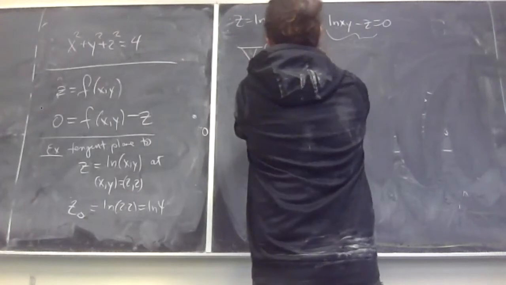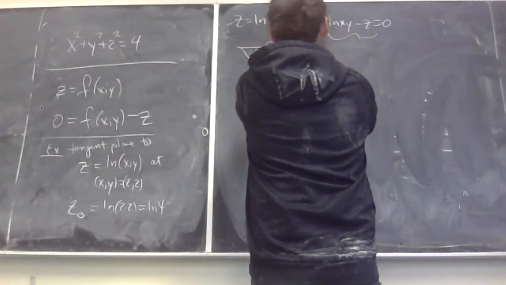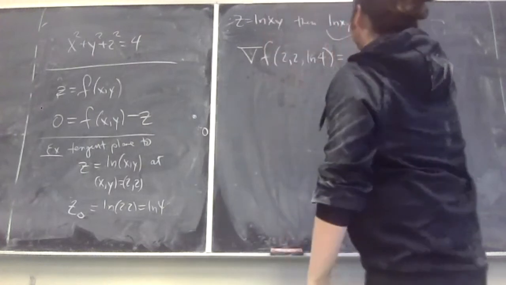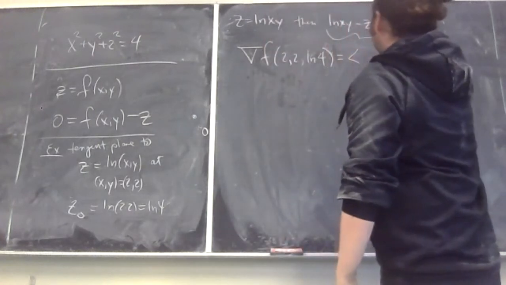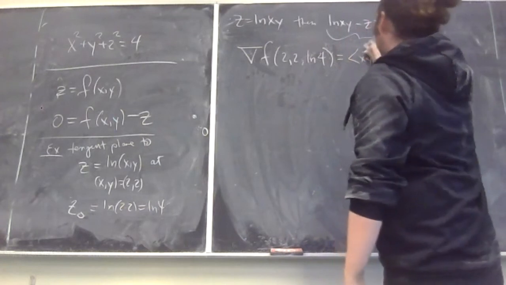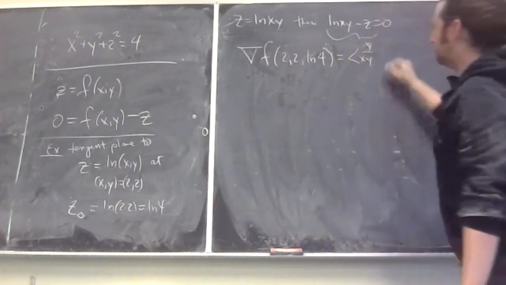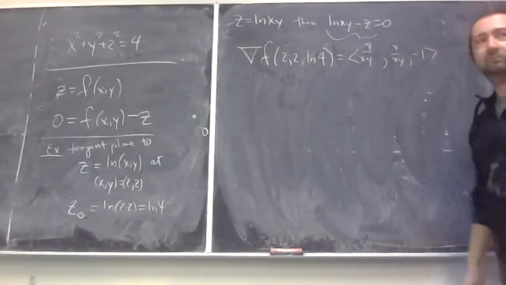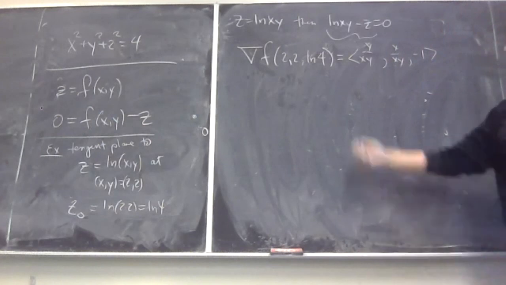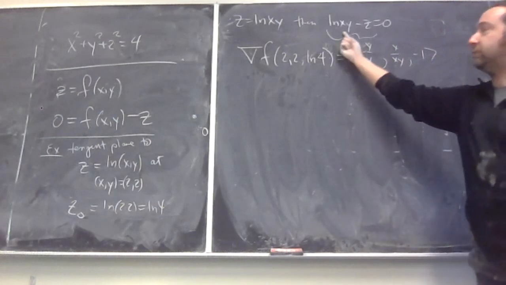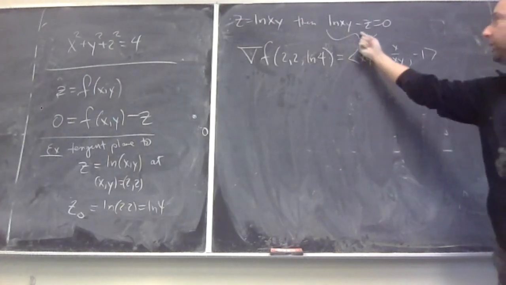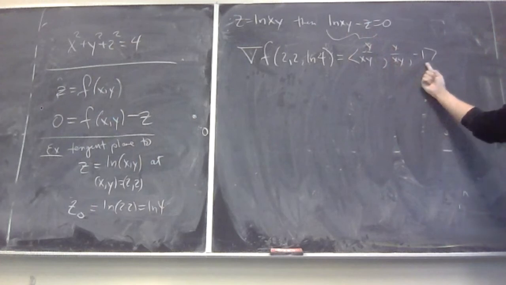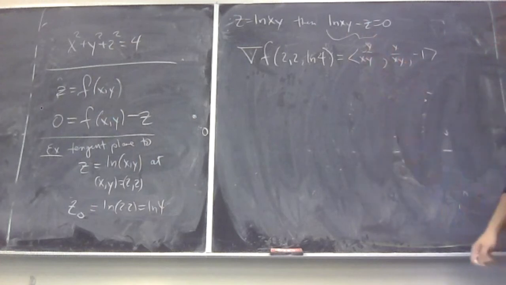The gradient of f evaluated at 2, 2, and the natural log of 4 is equal to: y over xy, x over xy, minus 1. That's the partial with respect to x of this thing, the partial with respect to y, and the partial with respect to z, which will always be a minus 1 here if this is just a function of z.